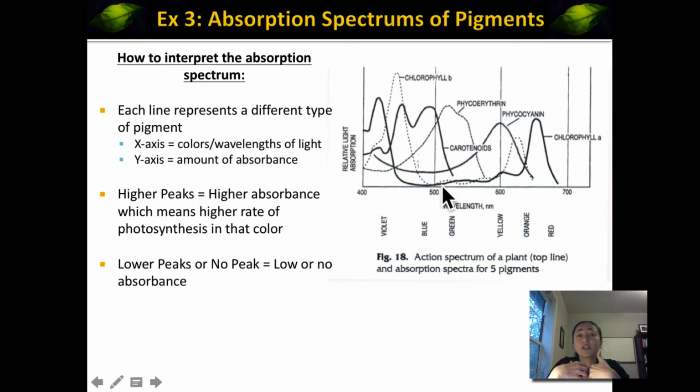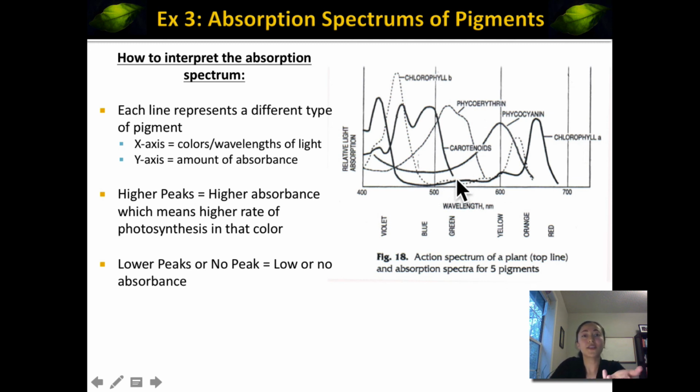And as we talked about in class, if a certain color of light is not being absorbed by an object, what's happening in this case is it's being reflected. So it's bouncing off of the object. So blue and green light is not being absorbed by this chlorophyll A pigment, and instead it's being reflected. And this is why chlorophyll A is green.